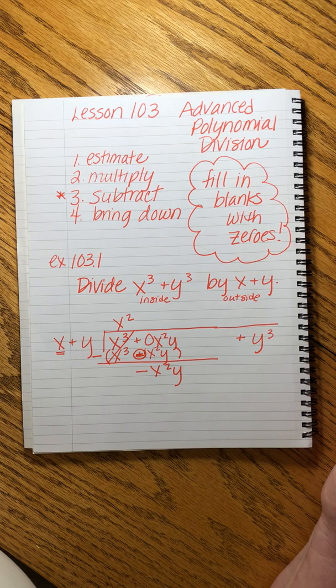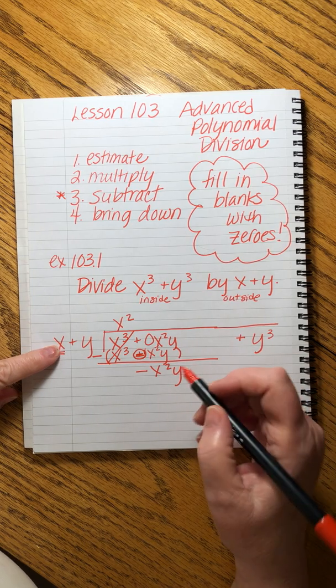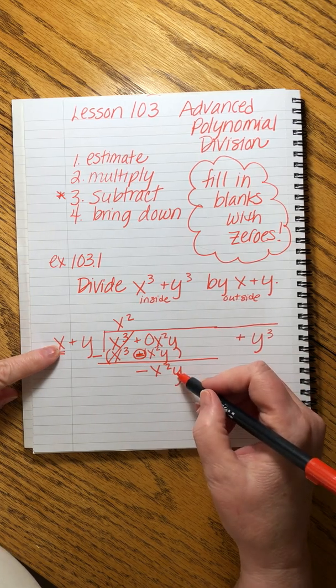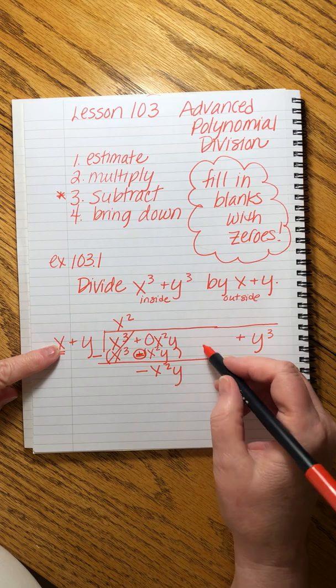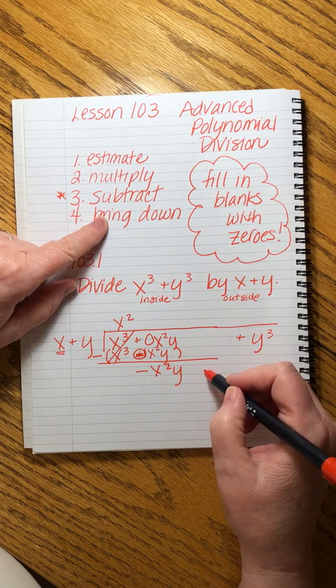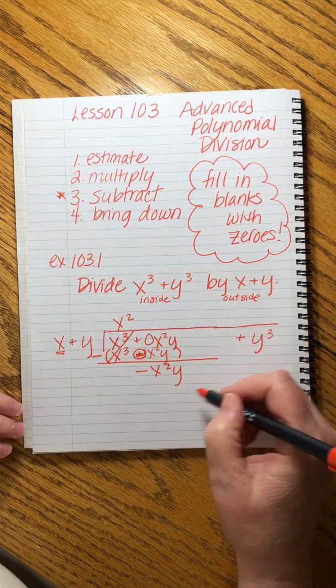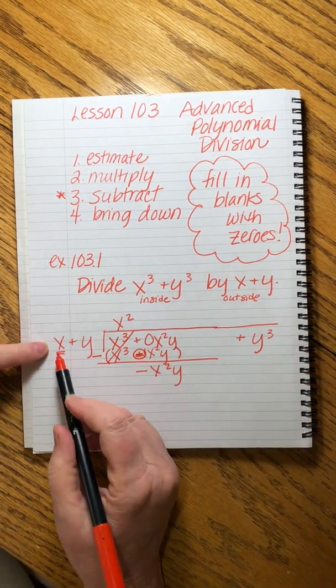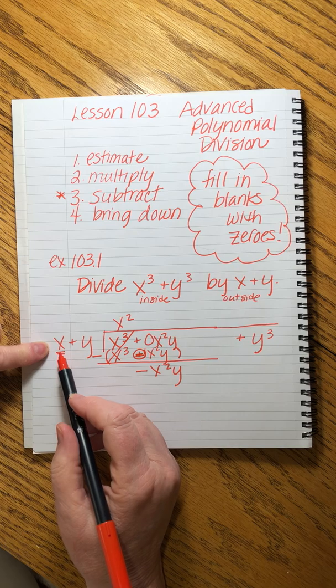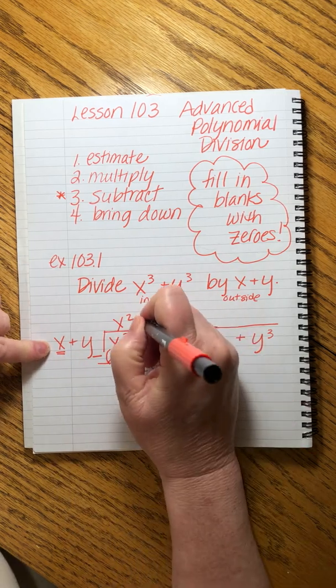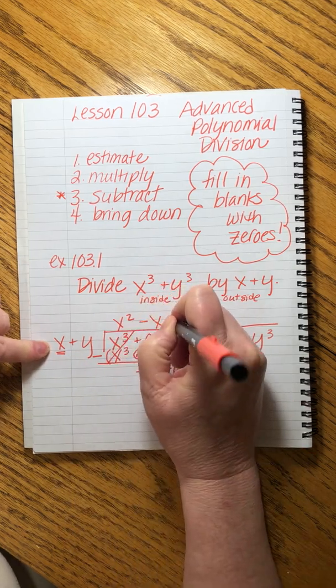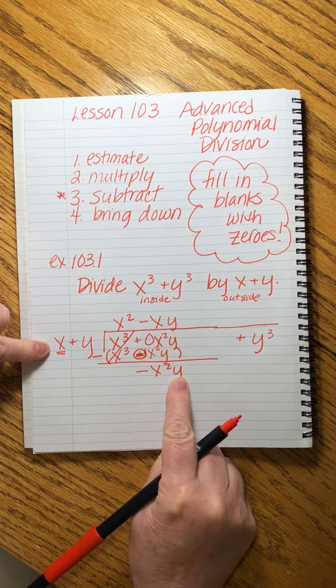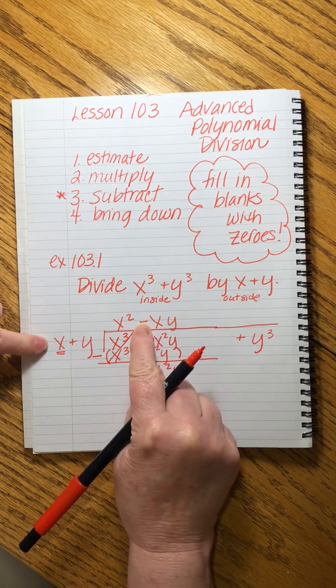Now I have to figure out what do I multiply times x to get minus x squared y. I haven't brought anything down yet. I skipped that step. I'll figure out what needs to go there once I multiply. Okay, I'm going to have to multiply by a minus x and a y, right? Because then I'll have 2 x's and 1 y. Beautiful. And I need it to be minus.